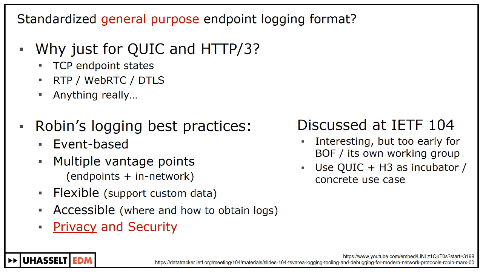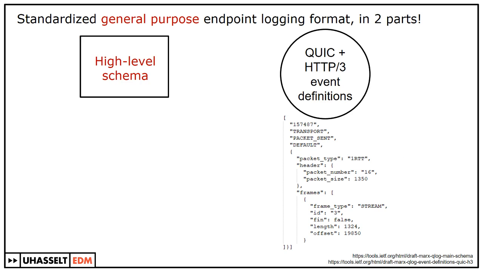So what we have now, next slide, is basically two documents, two drafts. The first one we're calling the high-level schema, which is the protocol agnostic part, the one that should be general purpose. And then the second one contains all the QUIC and HTTP specific stuff. The second one is quite easy to understand. In QUIC, you of course have packets. Those things have packet numbers.